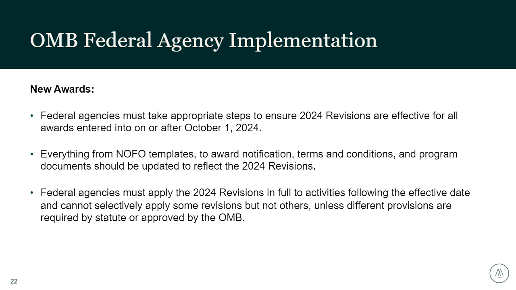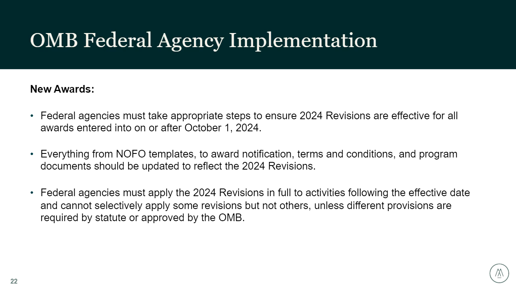Everything from the NOFO templates to award notifications, terms and conditions, and program documents should be updated to reflect the 2024 revisions. So they've had half a year before the October 1st implementation date to make all these changes. And so you should see these now flowed through to you as recipients in the form of new documents and new terminology within the agreements.